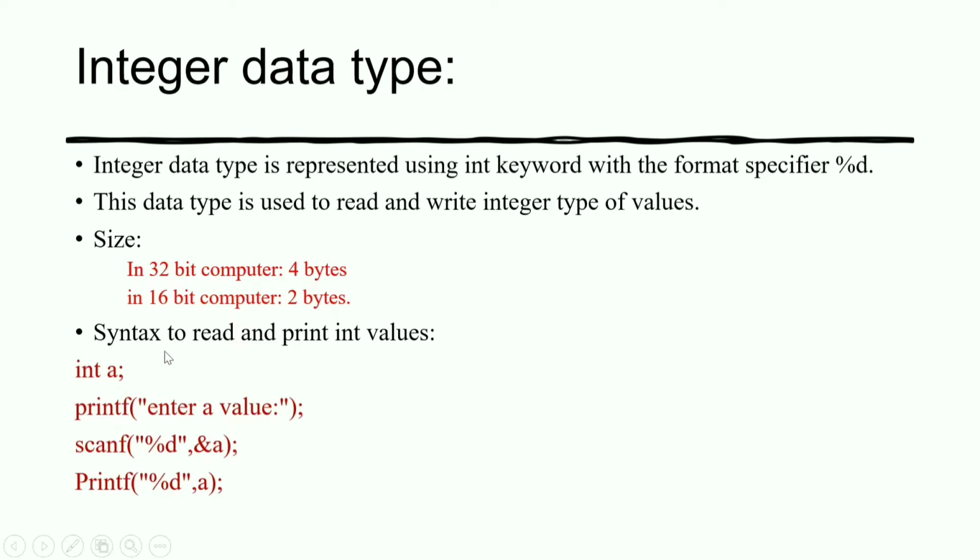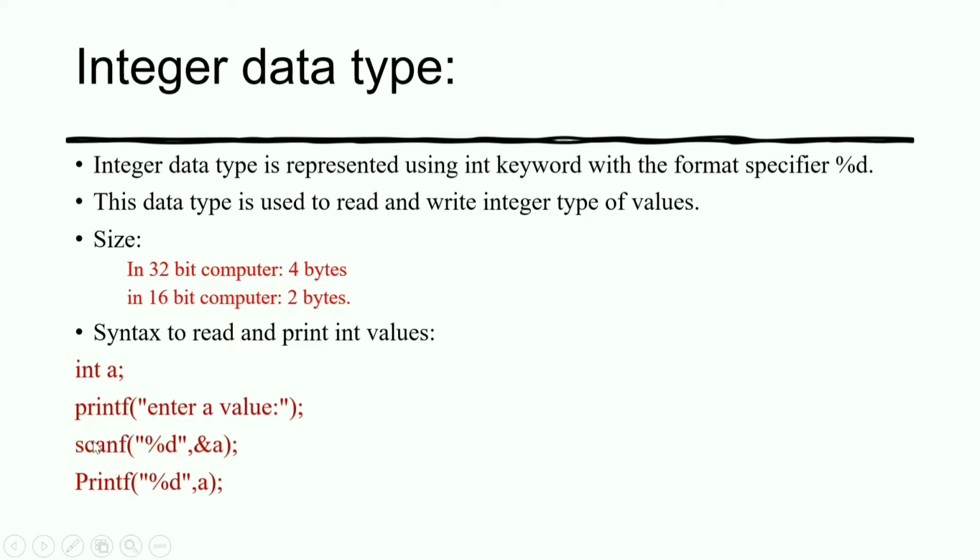So, this is the syntax to read and print integer values. First, we have to declare a variable of type integer. So, we use the int keyword and we have declared a variable, int a semicolon, and then we are giving an output message to the screen that you have to enter a value.